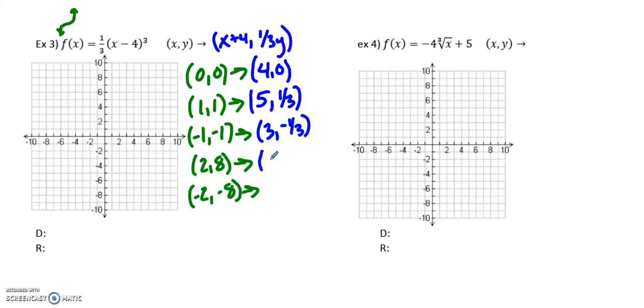(2, 8) becomes (6, 8/3), and this becomes, plug in the -2, I get (2, -8/3). So there's my ordered pairs: (4, 0), (5, 1/3).